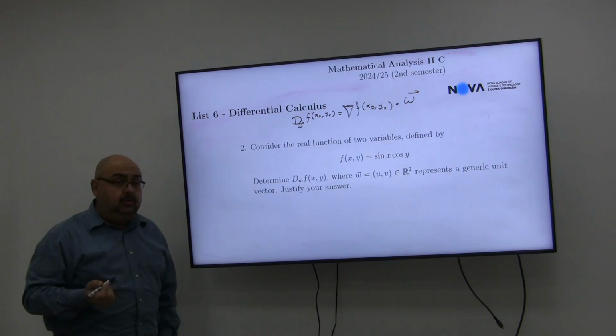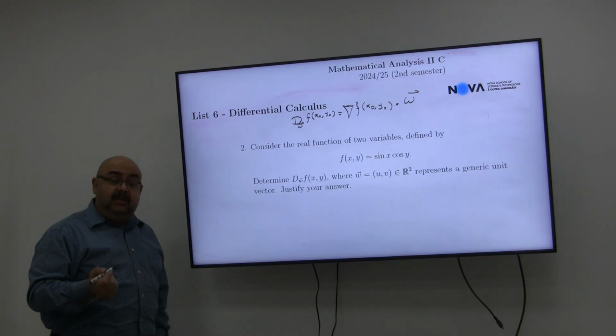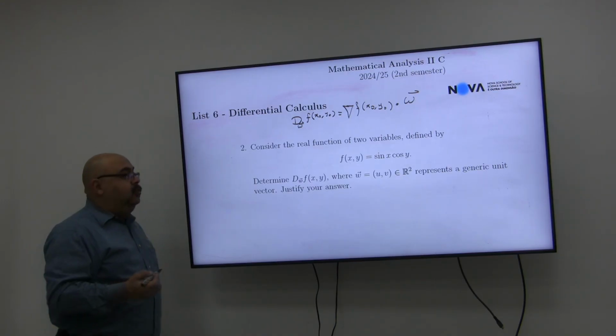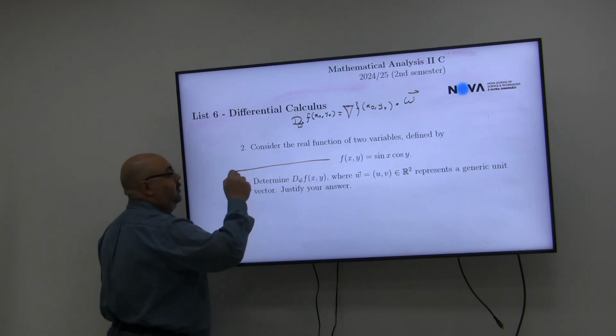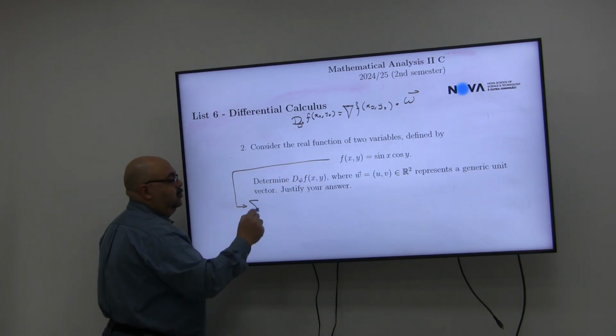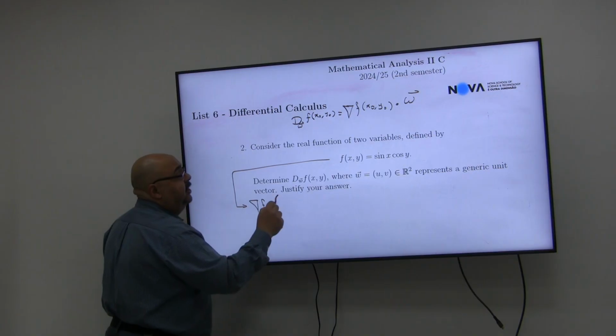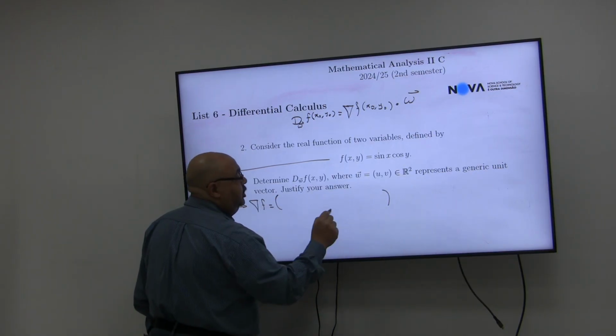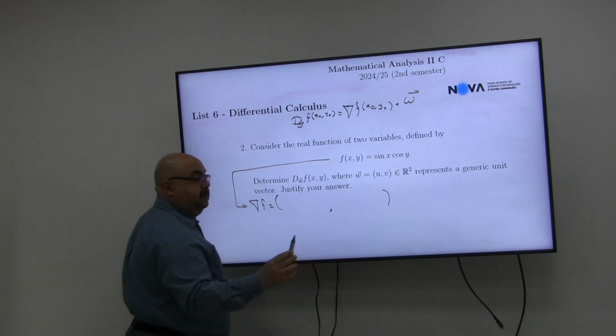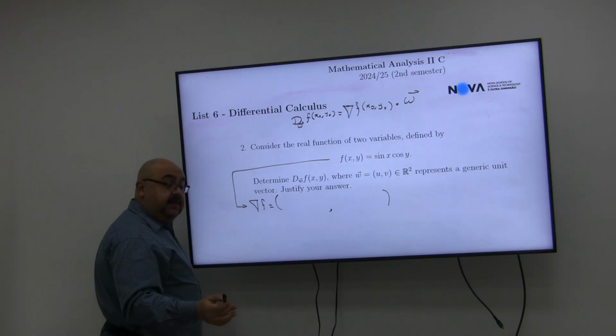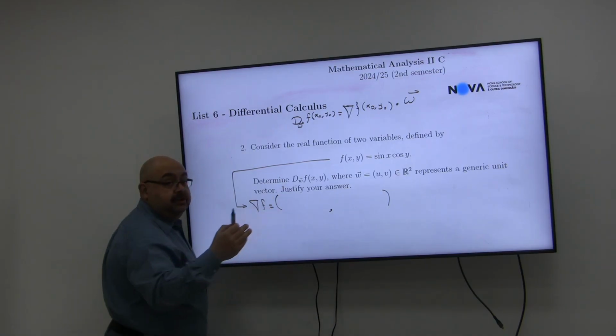So all I have to do right now is get the gradient vector. How do we get the gradient vector of this function? It's very simple. The gradient vector of f is simply the partial derivative with respect to x, then the partial derivative with respect to y.